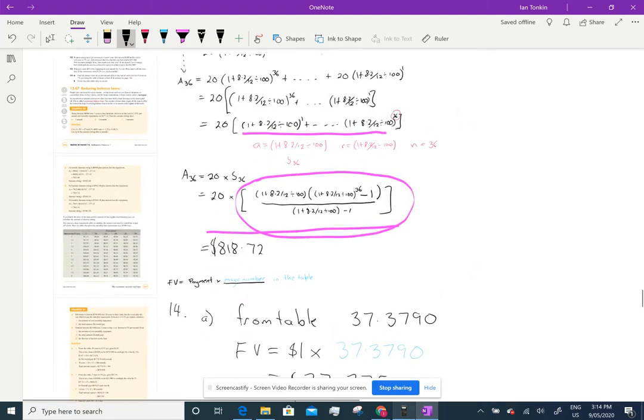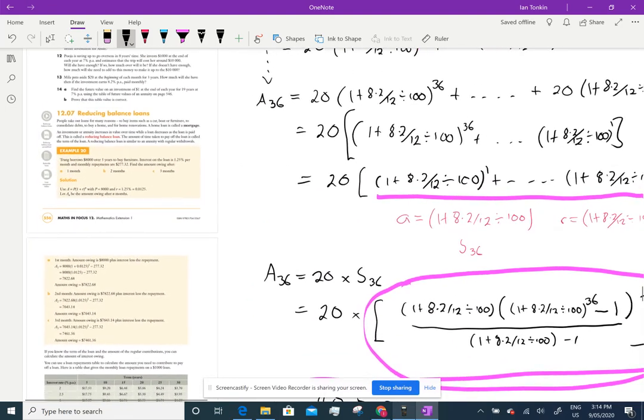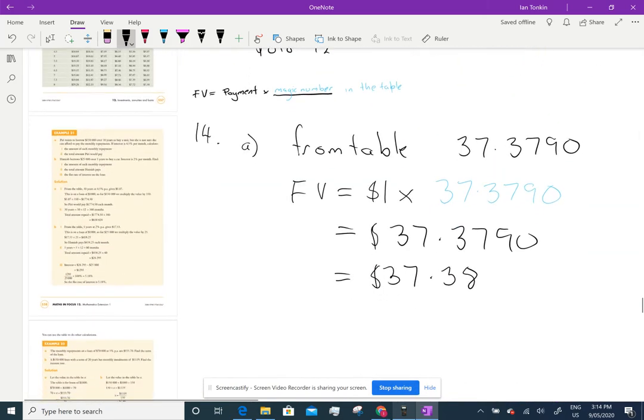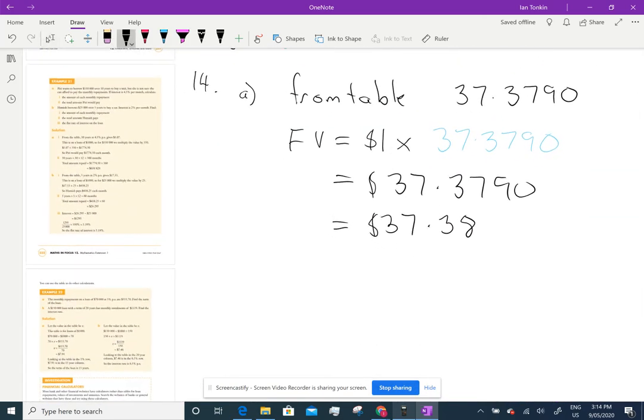But in part B, prove that this table value is correct. Well, all I've got to do in part B is get this series going. All right? So my future value equals 1 plus.